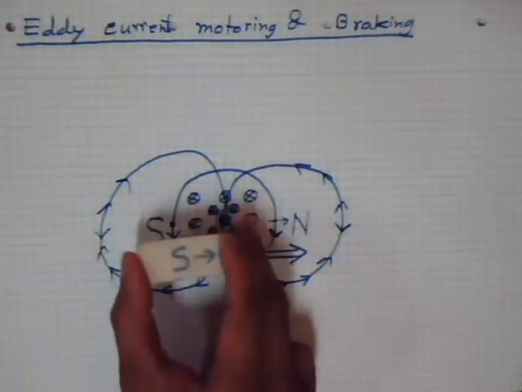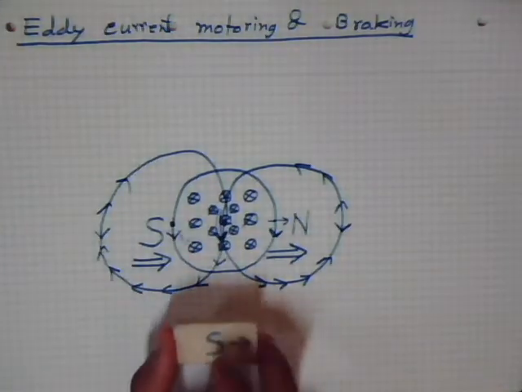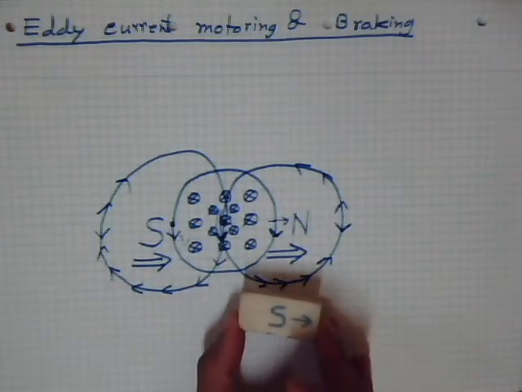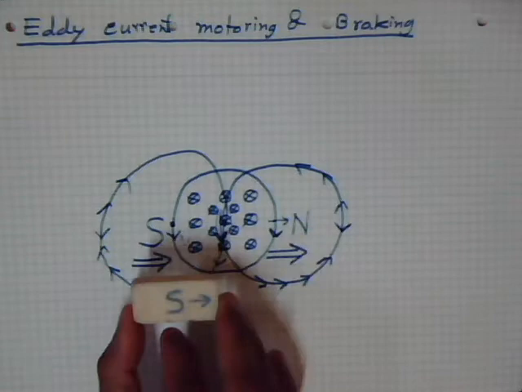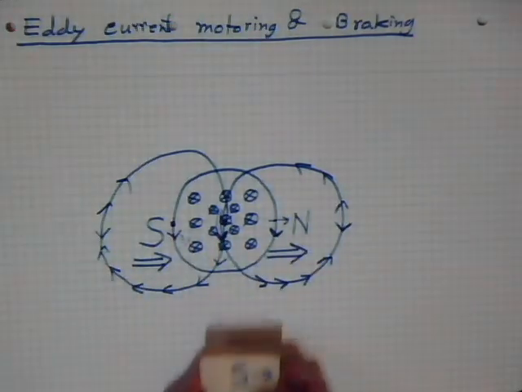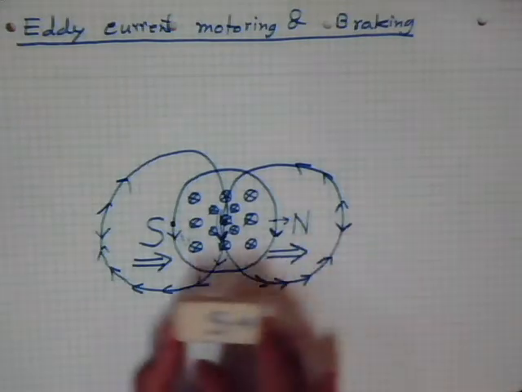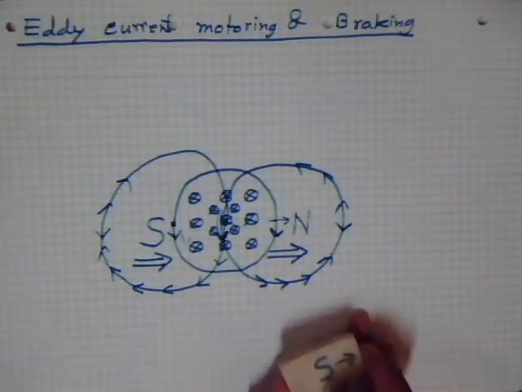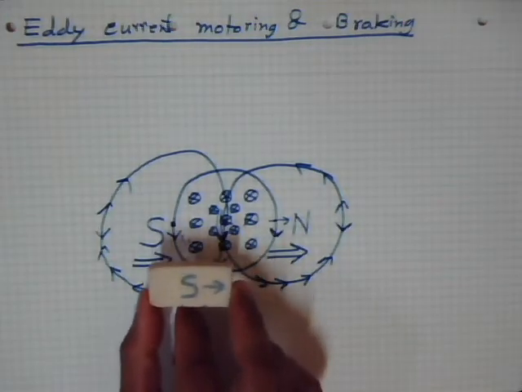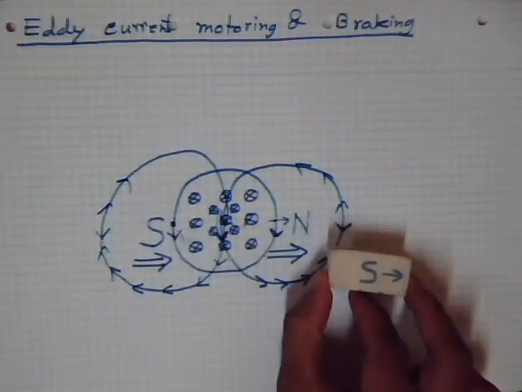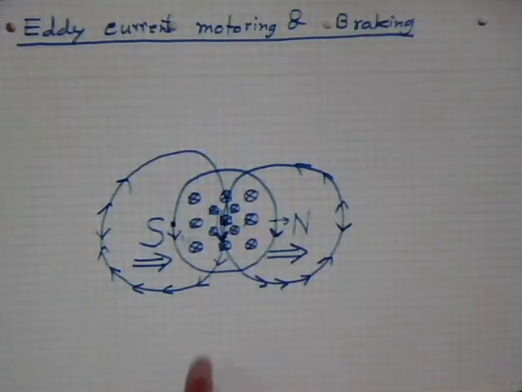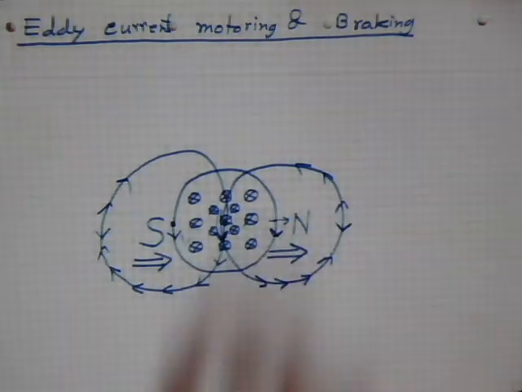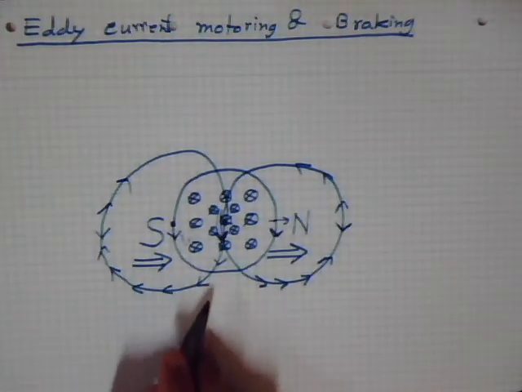The eddy current generated in this metal sheet tries to move the sheet in a direction so that the relative velocity between the magnet and the sheet is neutralized. So if my metal sheet is free to slide, then if I slide this magnet even without touching the sheet, the sheet will be pulled by this magnet in the direction of the motion of the magnet.